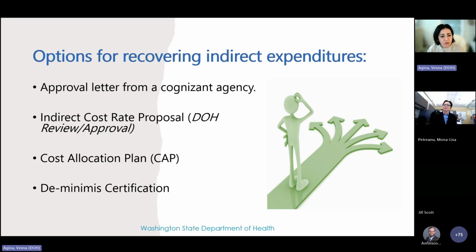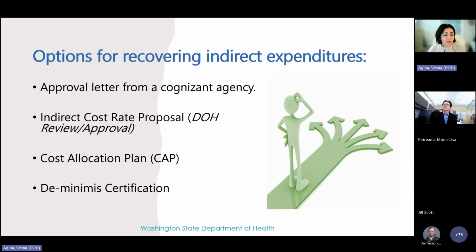So in that situation, you will send your proposals to us, or to me, and you will send all your packet, all the proposal to us, and then DOH will review and approve your indirect rate, which will then be used for DOH grants.